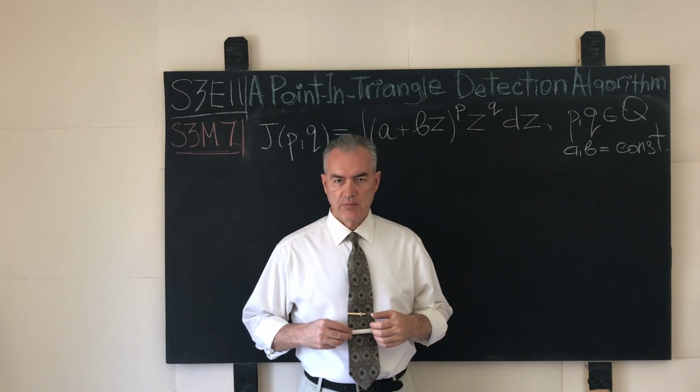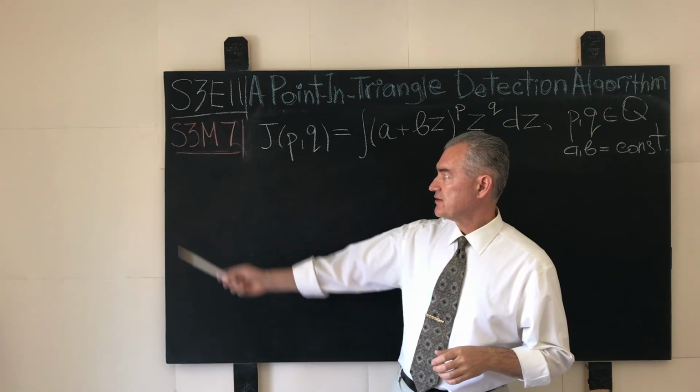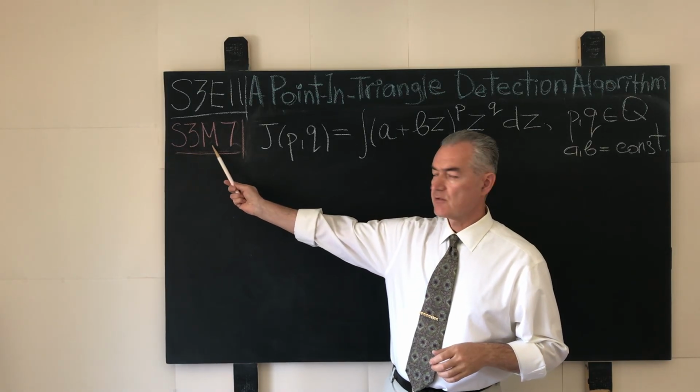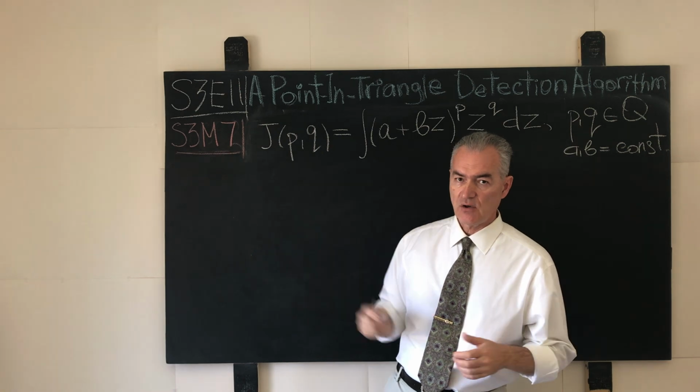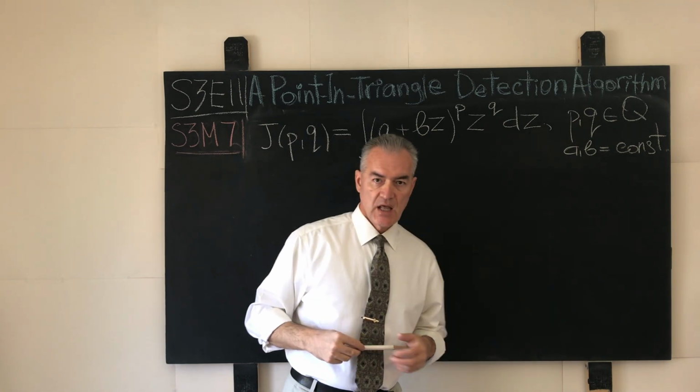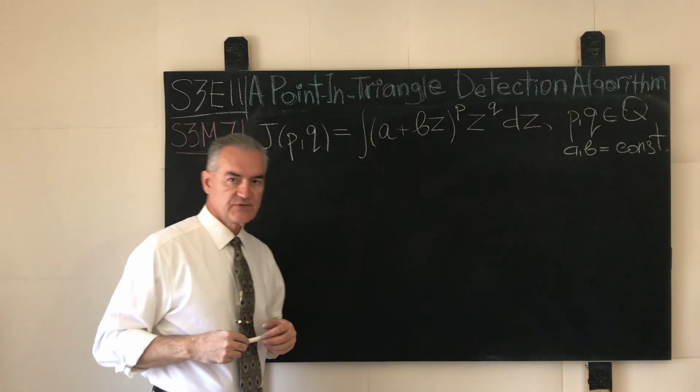Our next challenge will be a problem in mathematics, S3M for mathematics 7, the problem number 7 in mathematics for our third season. And the challenge in this problem is the following.